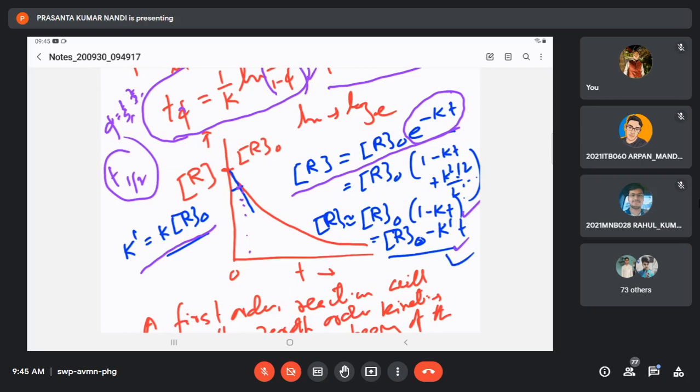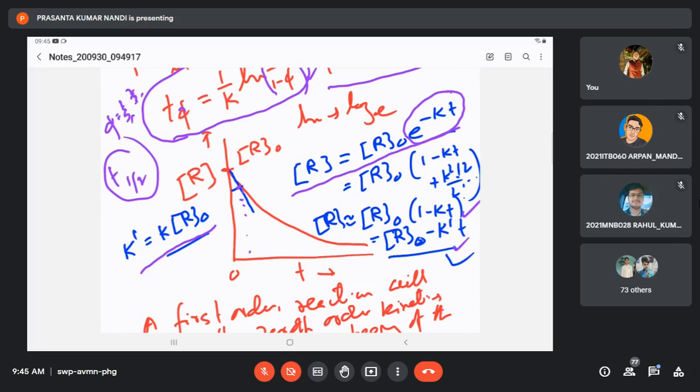Ignoring all these higher order terms in t, the reactant concentration R at any time t can be approximated like this: R0 into 1 minus kt. And if we write it in the explicit form, that is R0 minus R0 kt.